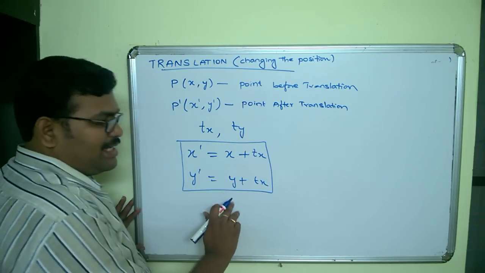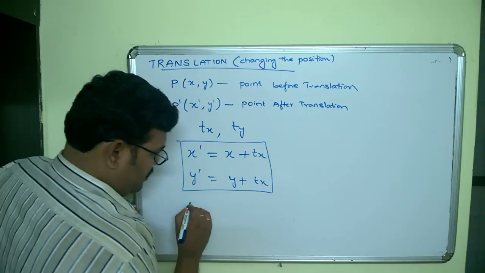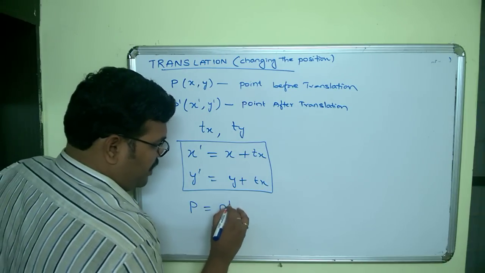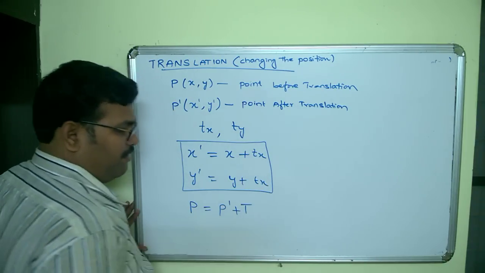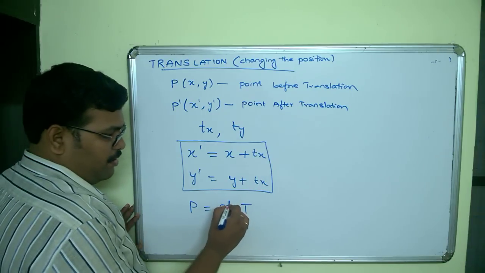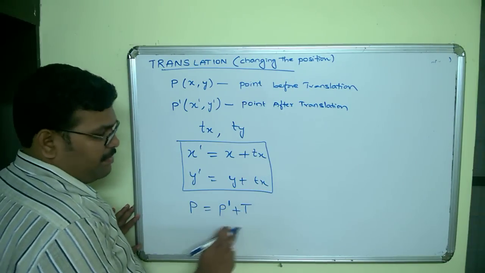This can be written as P dash is equal to P plus T, where P dash is the new point, P is the old point, and T is the translation parameters.